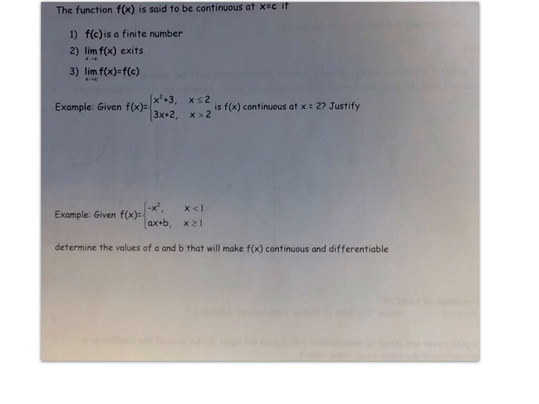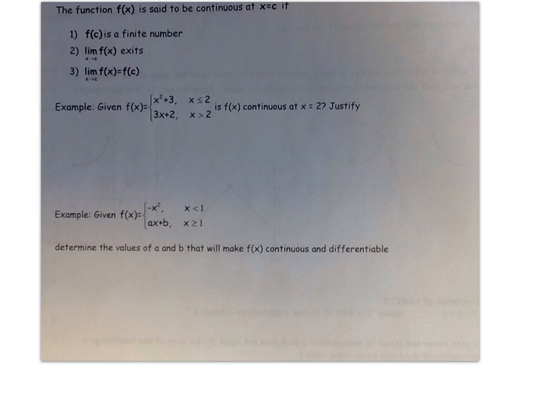So a function is said to be continuous at x equals c if, first, f of c is a finite number. That means not infinite. So you actually have a defined numerical answer for the y value, the y coordinate, at a specific x or c value.